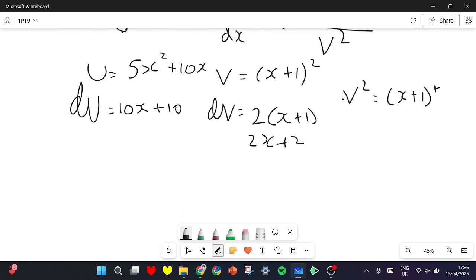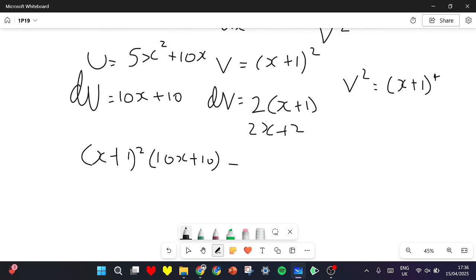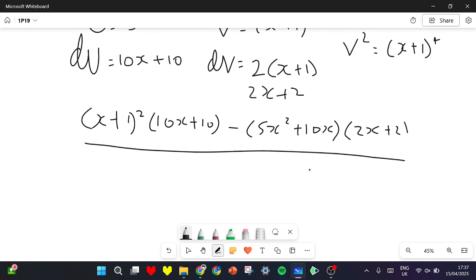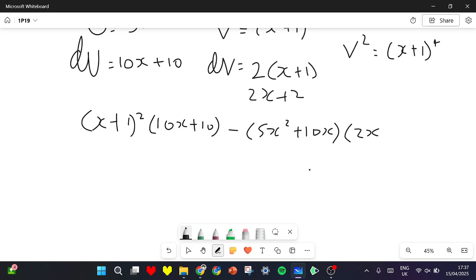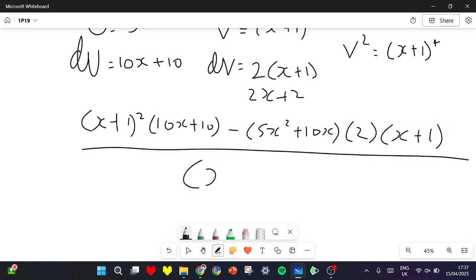So v times du, that's x plus 1 squared times 10x plus 10, minus u times dv, so that's 5x squared plus 10x times 2x plus 2, and then the whole thing over, actually wait, instead of 2x plus 2, just leave it as 2 times x plus 1, and then it's the whole thing divided by x plus 1 to the power of 4.